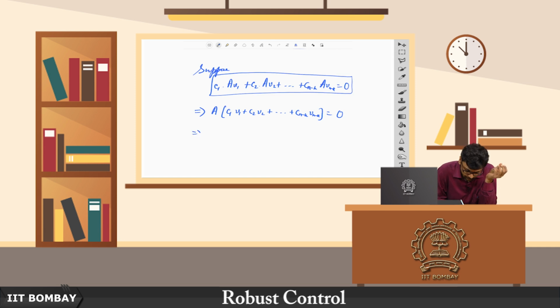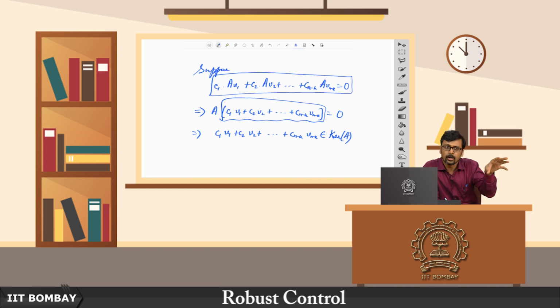Therefore, by definition, c1 v1 plus c2 v2 plus dot dot dot till c(n minus k) v(n minus k) belongs to the kernel of A. Unless this fellow belongs to the kernel of A, I could not have hit this vector with A on the left, the linear map, and got a 0. Of course, this is a 0 in W. Later on we shall omit this when it is understood from the context.